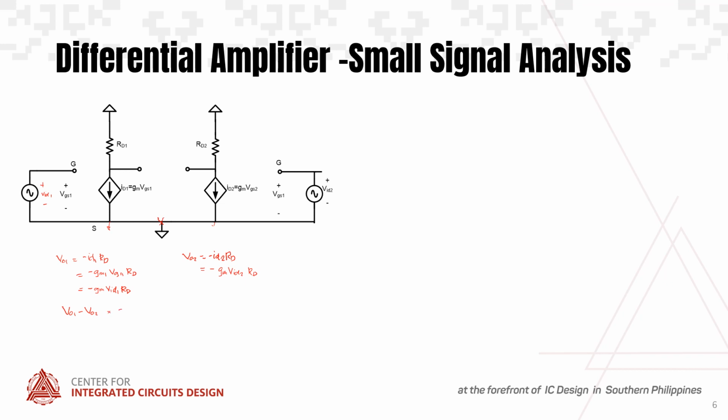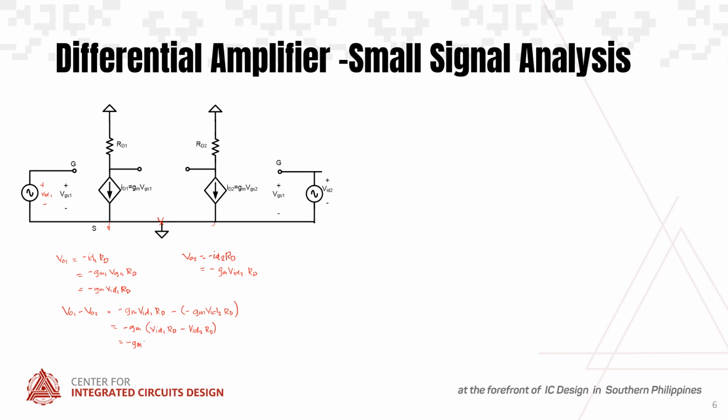And with these values of VO1 and VO2, we can calculate the difference VO1 minus VO2. So we'll have negative GM VID1 RD minus negative GM VID2 RD. Simplifying that, we pull out negative GM since they are all the same, and we also pull out this RD since RD1 and RD2 are just equivalent to RD.